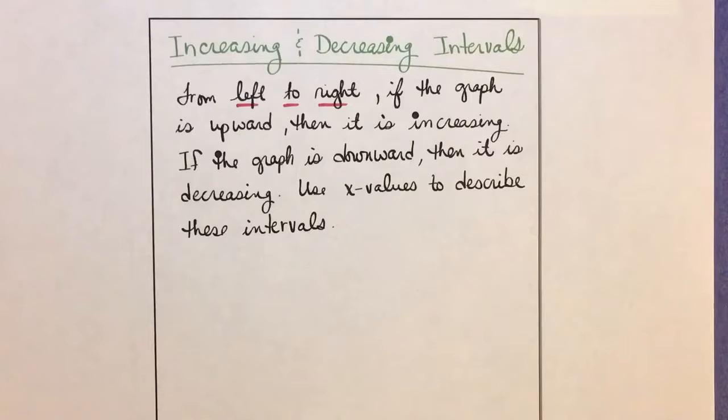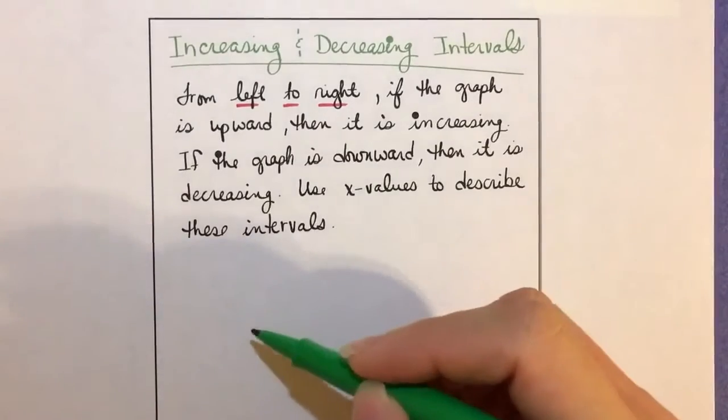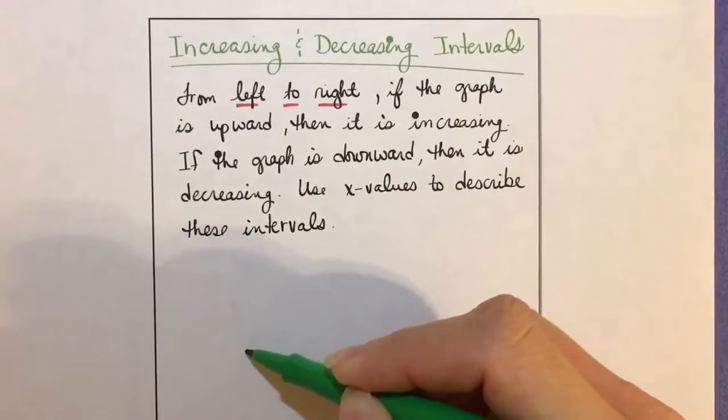If the graph is downward, then it is decreasing. And then when you're describing where these intervals are, you need to make sure that you use your x values, okay?